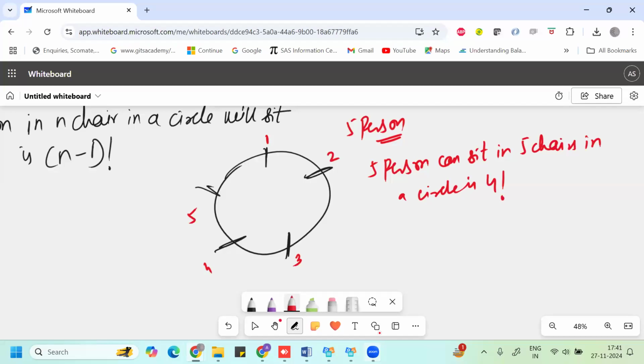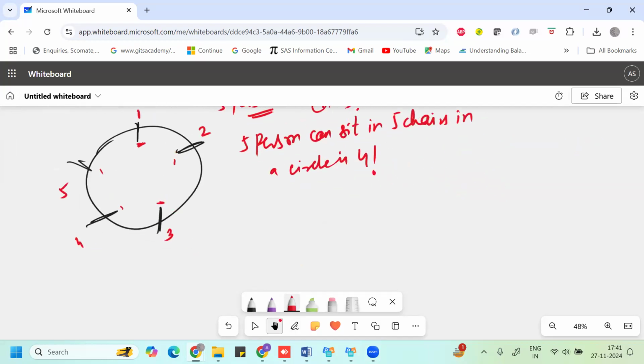If this is a starting point, that doesn't mean this is the end. You can start from here, or here, or from anywhere, and there's no way to define them. Since there's no starting or end point, we use n minus 1 factorial.